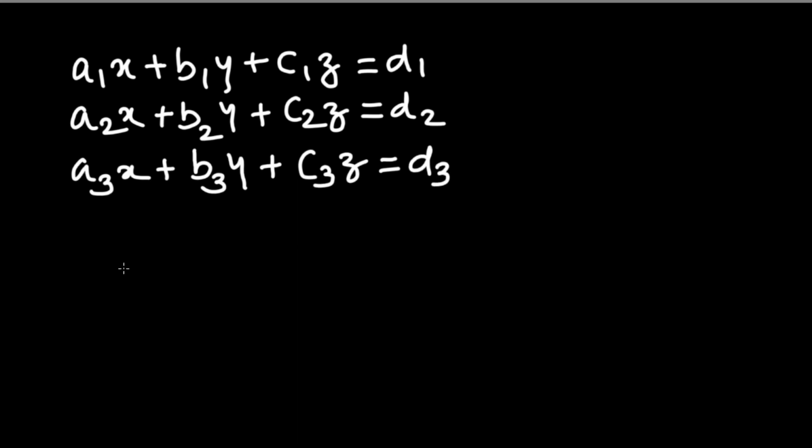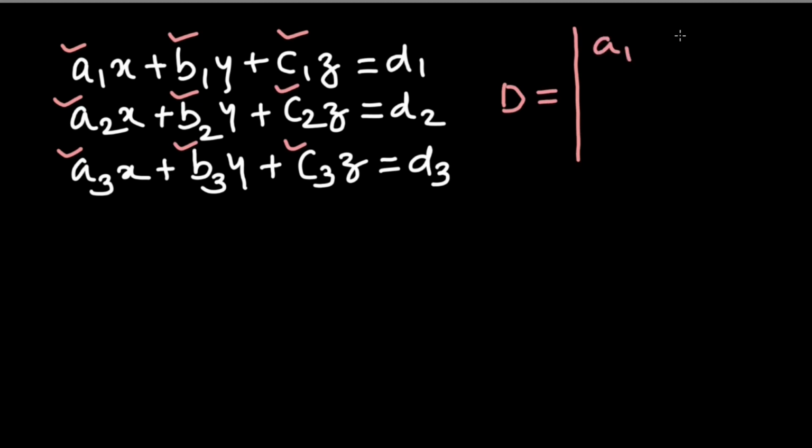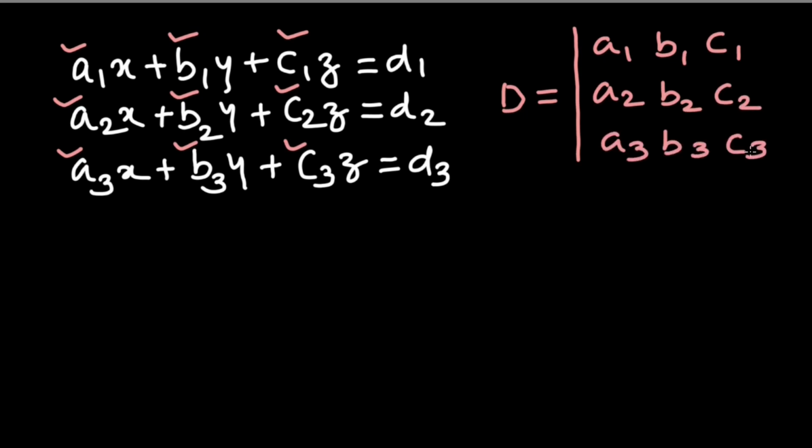As usual, first we will form a determinant out of the coefficients of x: a1, a2, a3, the coefficients of y: b1, b2, b3, and the coefficients of z: c1, c2, c3, and we name that determinant as D. D will be a1, b1, c1, a2, b2, c2, a3, b3, c3.